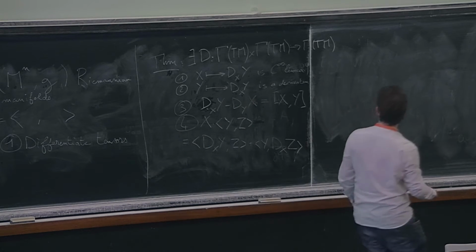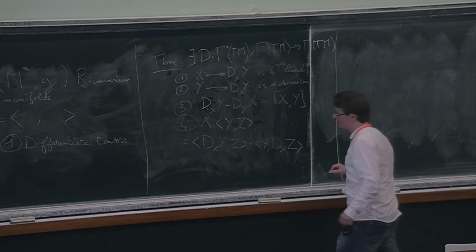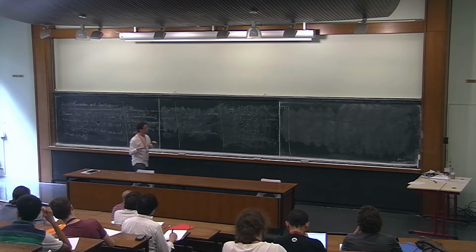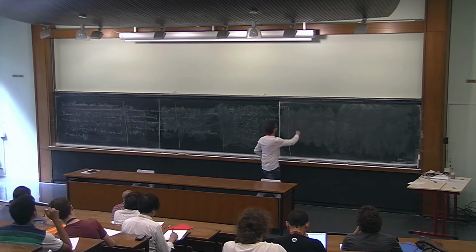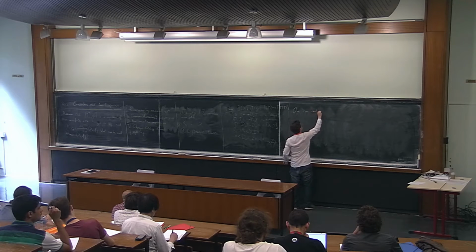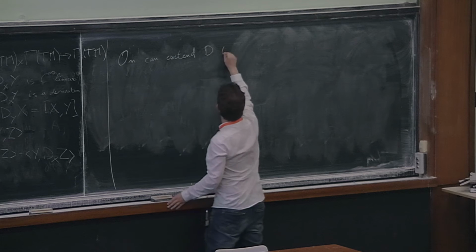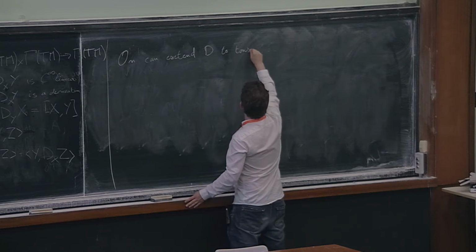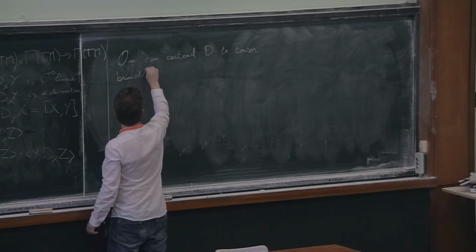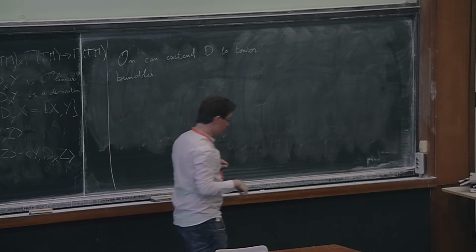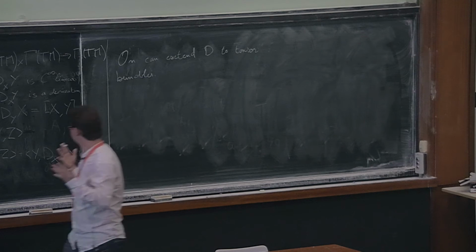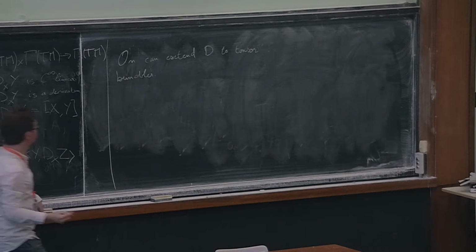Okay, so I won't do the full details of that, but at least one case will be quite important for the objects we will consider, which is that one can extend D to tensor bundles. And once again, the only thing that you want is that the Leibniz rule holds. And that's about it.